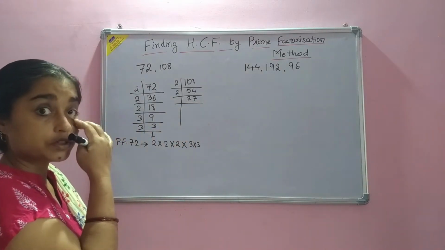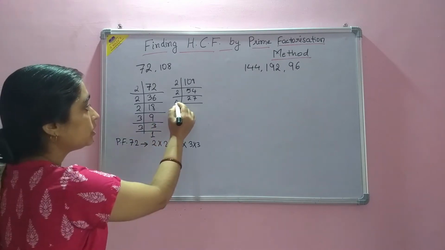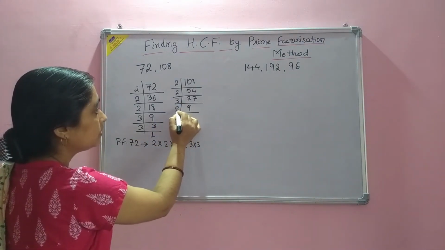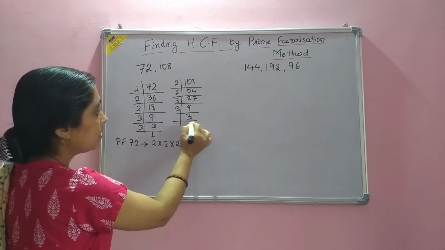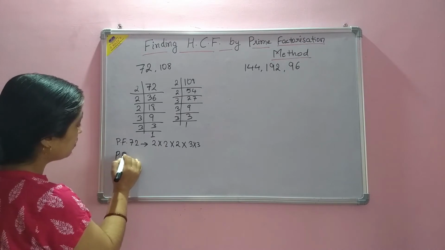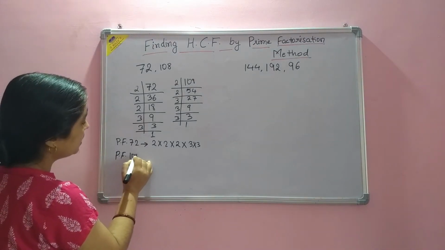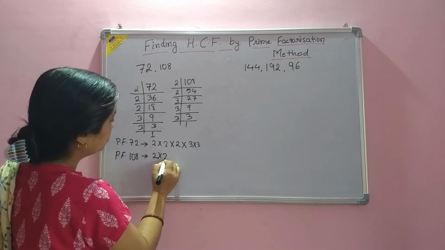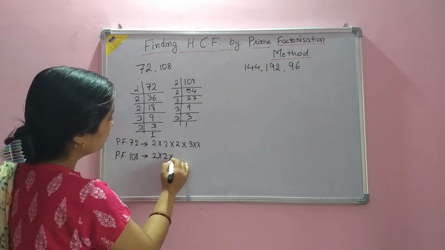This means it is divisible by 3. So we will divide by 3. 3 9s are 27, then 3 3s are 9 and 3 1s are 3. So we have prime factorization of 108 as 2 times 2 and 3 times 3 times 3.